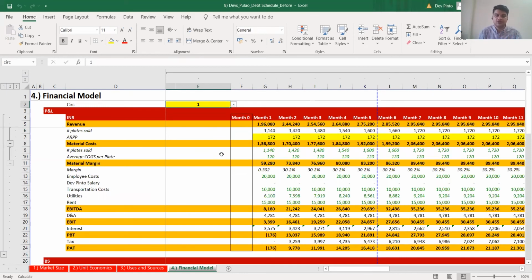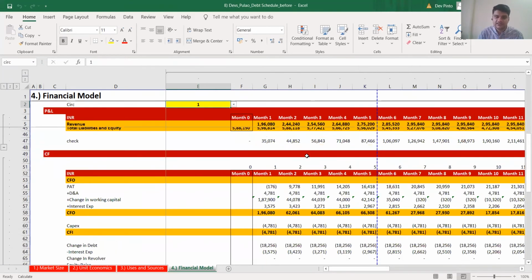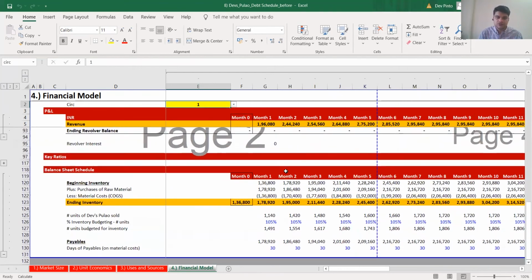I've created, if you go to cell E2, I've created a cell which has an input of 0 or 1. 0 means the circ is off, 1 means the circ is on, and I've named it circ over here. So you can just name it circ, and once you do something like that, you can use the word circ in any formula across any of these tabs.